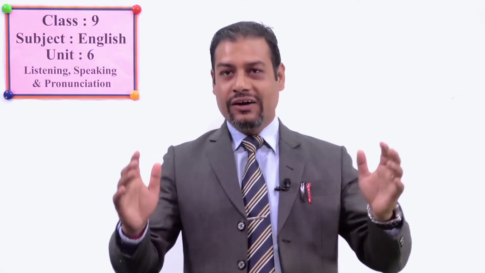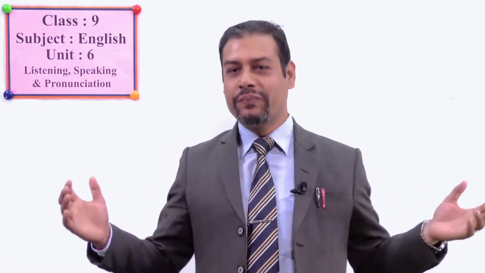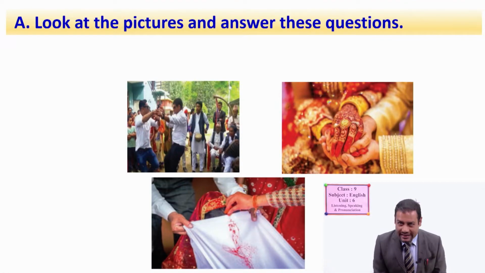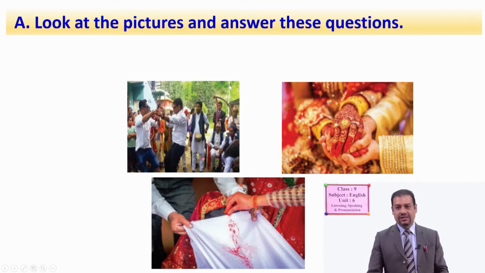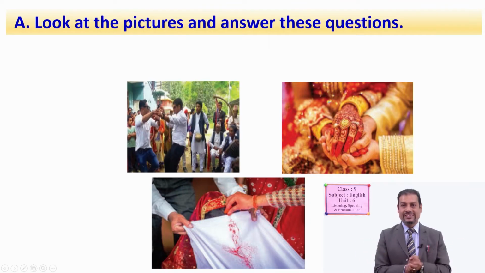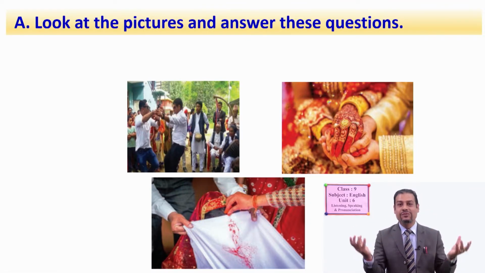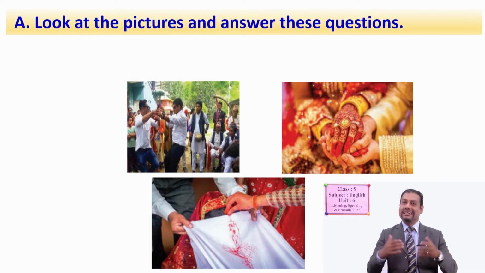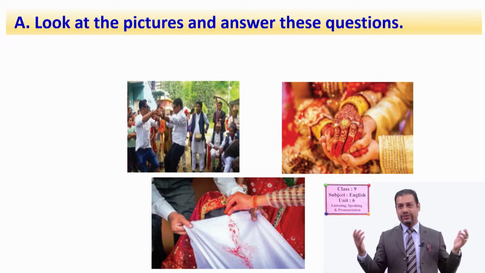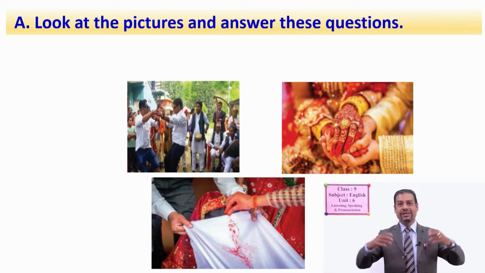Now, all of you look at these pictures and answer these questions. You can see the first picture, second picture and the third picture. Can you tell me what type of ceremony the pictures are related to? Yes, these pictures are related to our marriage ceremony. What are the people doing in the first picture?